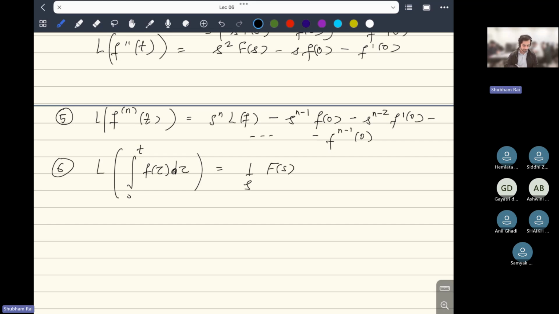You can try to derive it. Okay. Similarly, we can also say that the inverse Laplace transform of 1 over s times F of s will be the function, the integral from 0 to t of f of tau d tau. Okay.